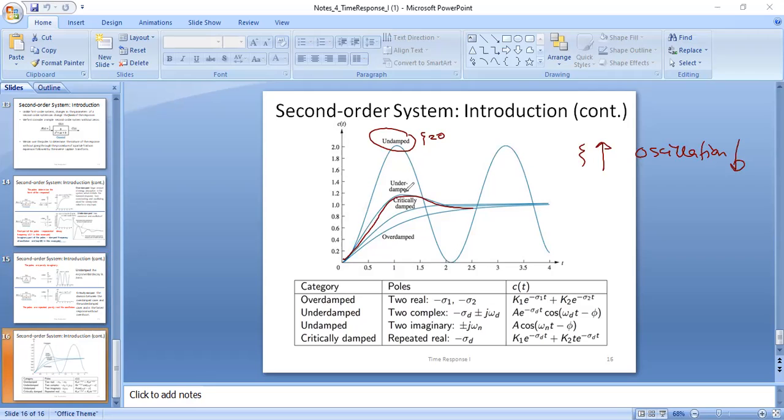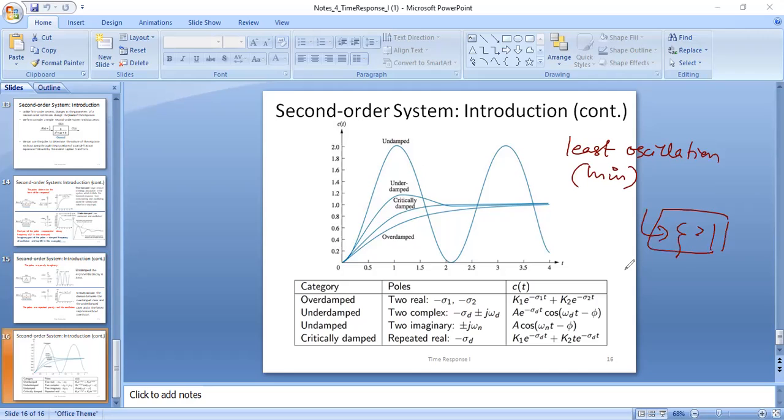For underdamped, zeta is 0 to 1, so there is less oscillation. Critically damped has again less oscillation, and overdamped has the least oscillation. So if they ask for least or minimum oscillation, you will say it is a case of zeta greater than 1, that means overdamping.